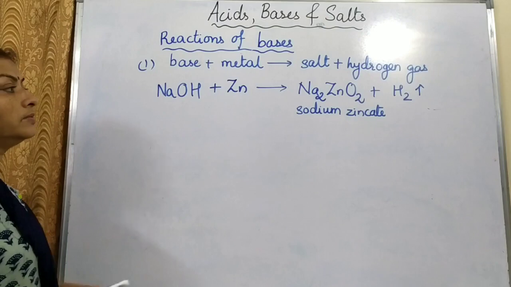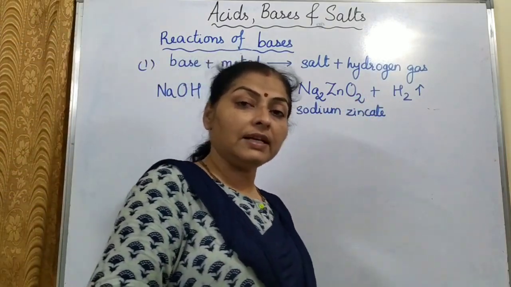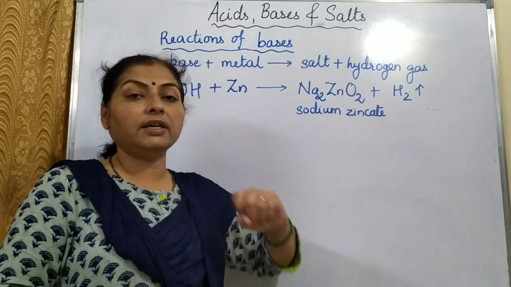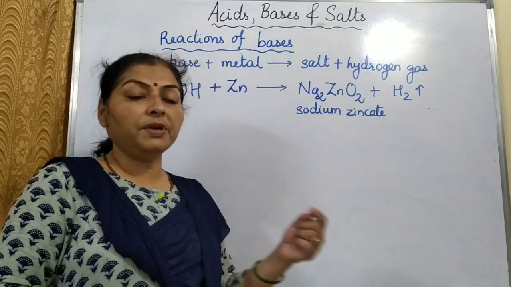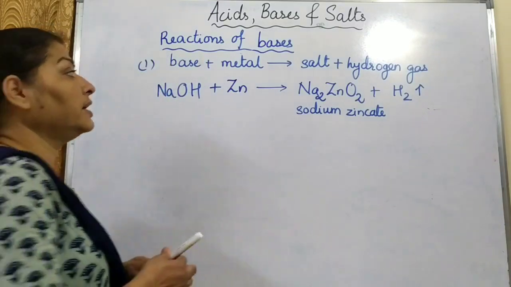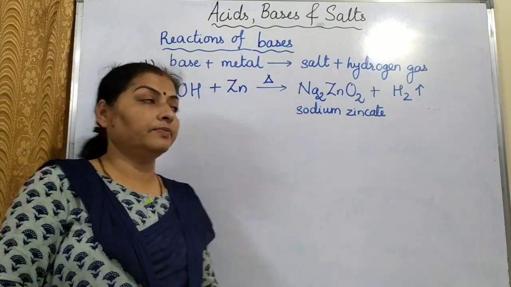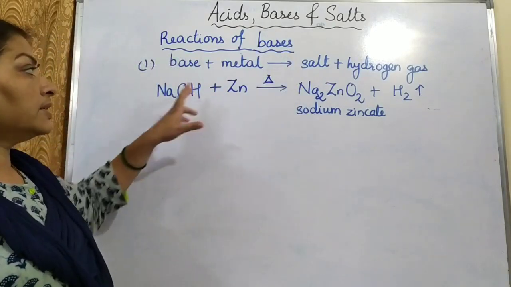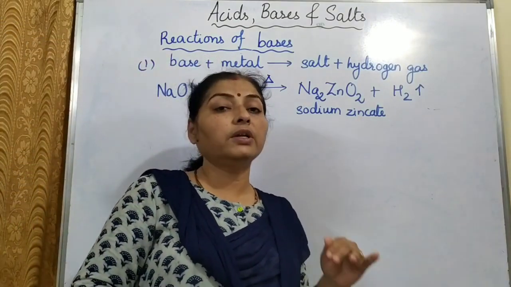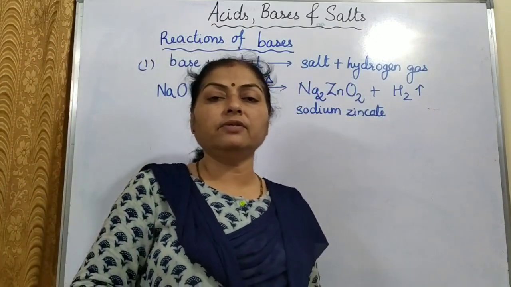So children, the gas again here which is formed is hydrogen gas. As we have seen in acid with metal, hydrogen gas is formed, and we saw an activity wherein there is a pop sound when you bring a burning splinter. So same thing will happen here. Only the difference is here heating will be needed. Triangle on the arrow indicates heating. So NaOH and zinc will not just react like that without heating. On heating, immediately hydrogen gas bubbles will form.